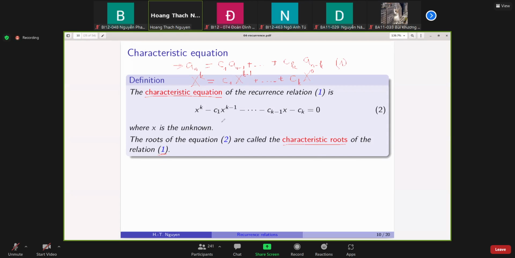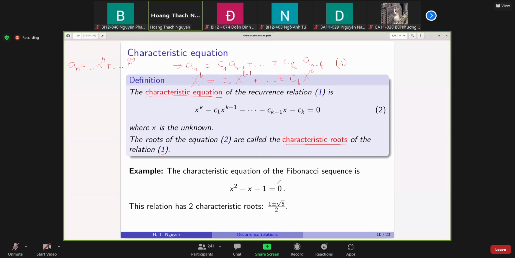So you can guess that we will seek the solutions of this equation in a similar form. In the previous example, we had two distinct characteristic roots, and we had alpha to the power n plus something times beta to the power n.